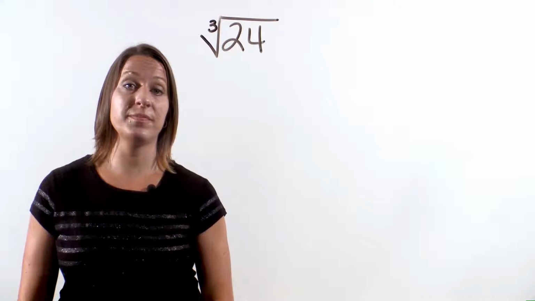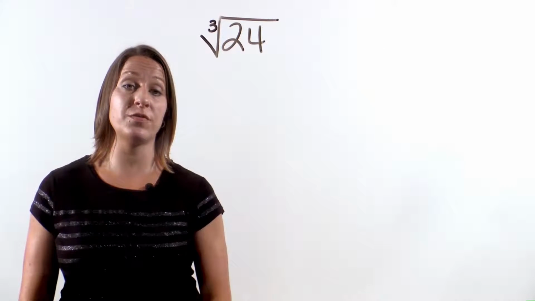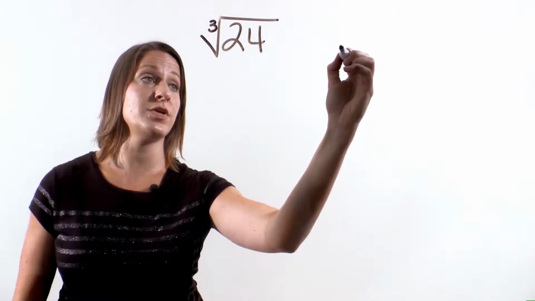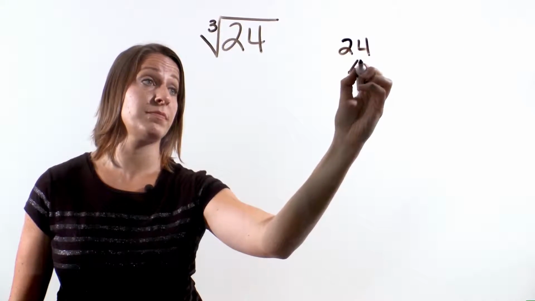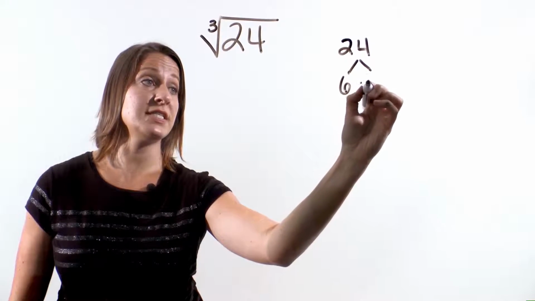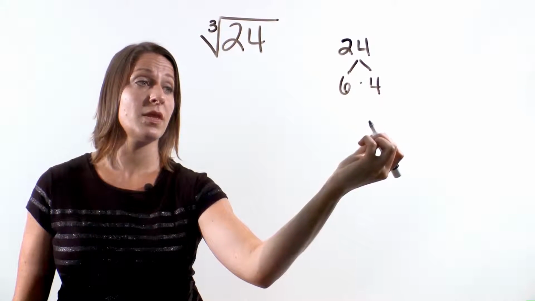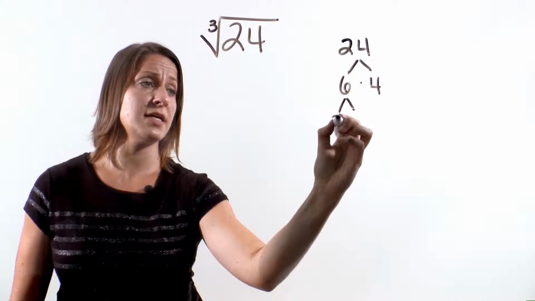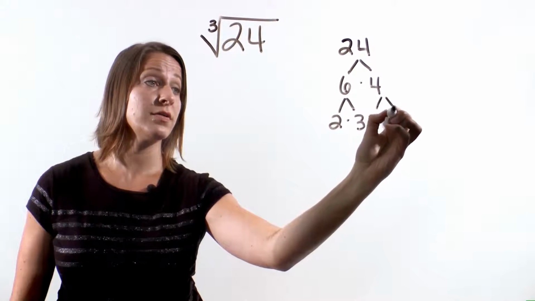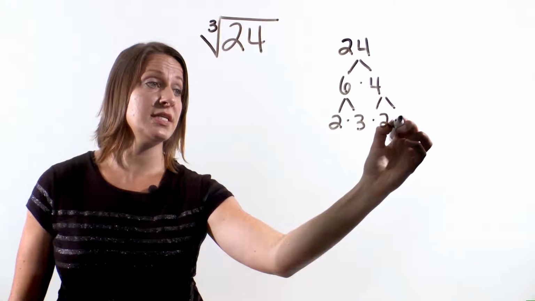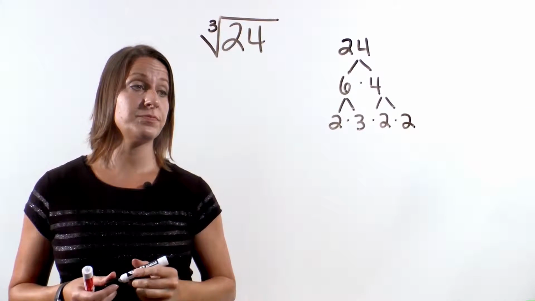Let's do another problem. This is the cubed root of 24. We'll take the number 24 and we'll make a factor tree. We have 6 times 4. We can break apart 6 as 2 times 3, and 4 breaks into 2 times 2.